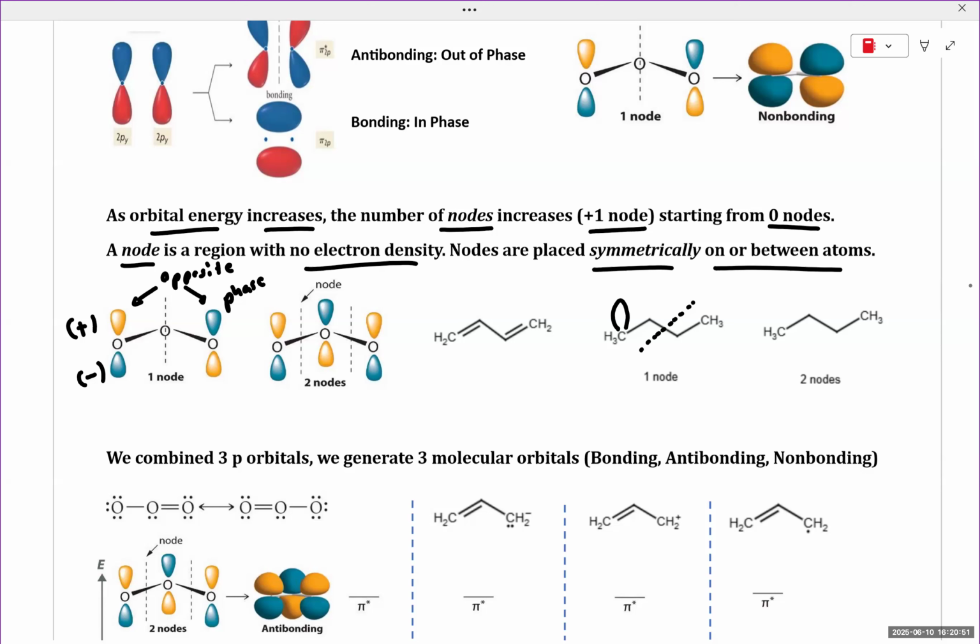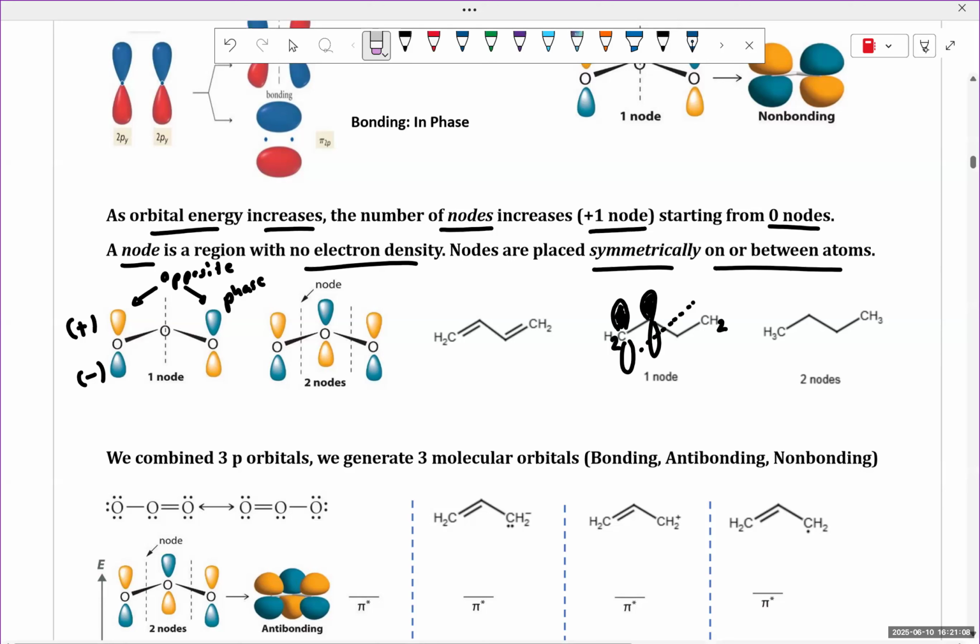On one side, I'm going to draw regions where the phasing is the same. And then across the node, we're going to draw regions of opposite phase. So to clarify, every time you look across a node, you're going to see that the phasing is opposite.